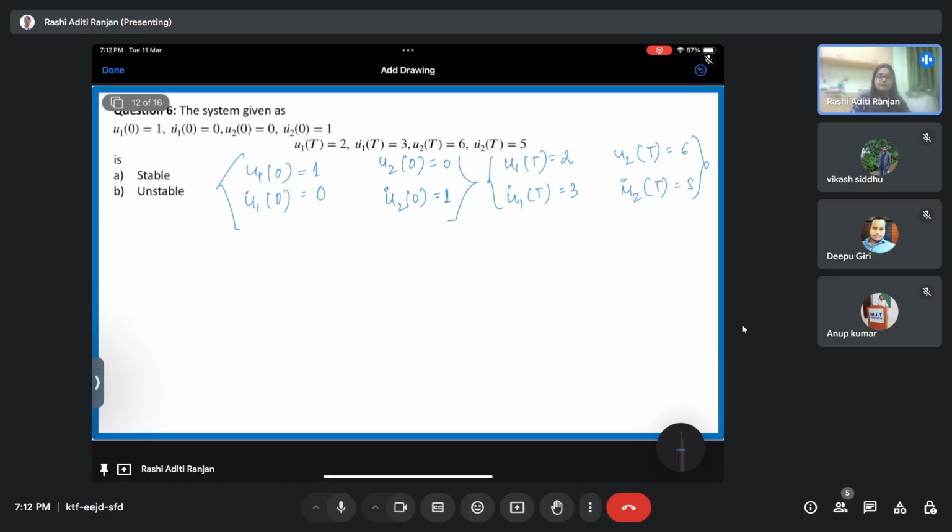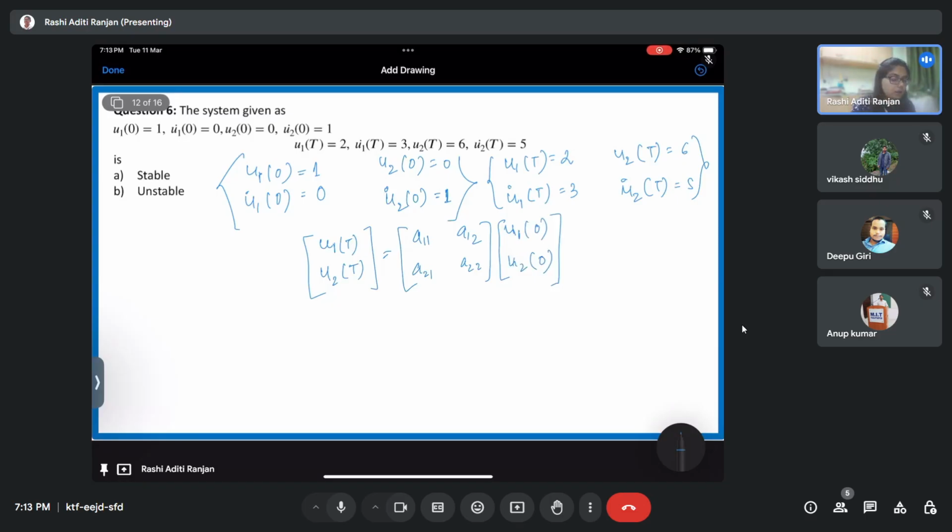Now, if you remember, we had a matrix such that U1 at t, U2 at t. It should be small t plus capital T, but as it is given in the question, the small t is equal to 0. So we can write it as A11, A12, A21, A22 times U1 at 0, U2 at 0. This is the first set of equations that I have, correct?